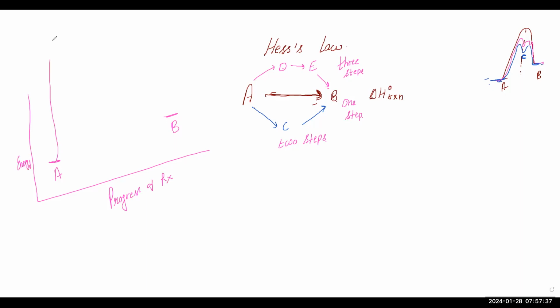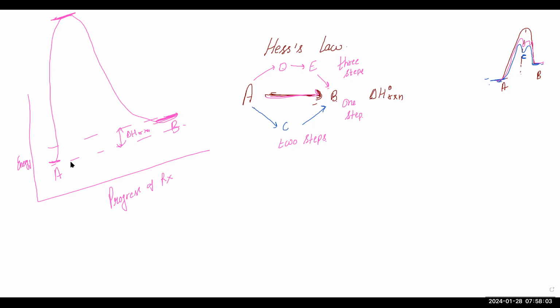A to B single step. What is delta H? This is delta H reaction. This one, right? This is step 1, single step, 1 transition state. Bond breaking, bond formation. This one.